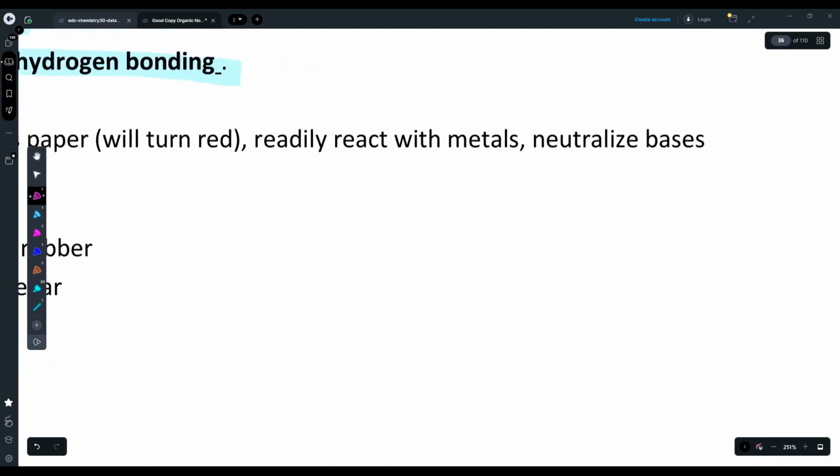Off to the side here, you're going to want to know some common names for carboxylic acids. These don't follow the IUPAC rules for naming compounds. The common names follow an older naming system.